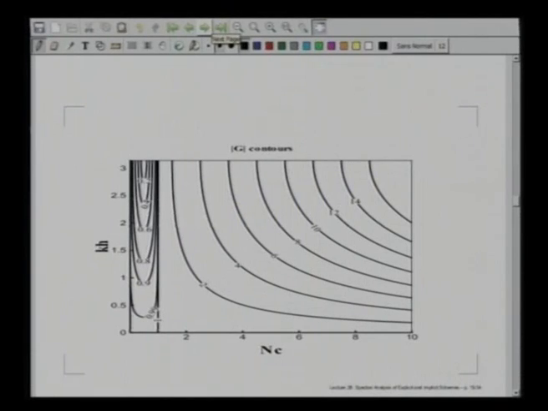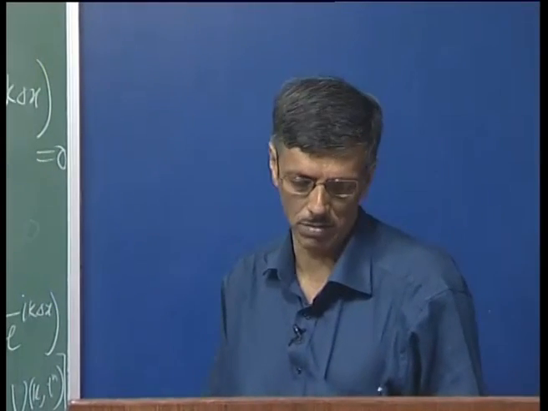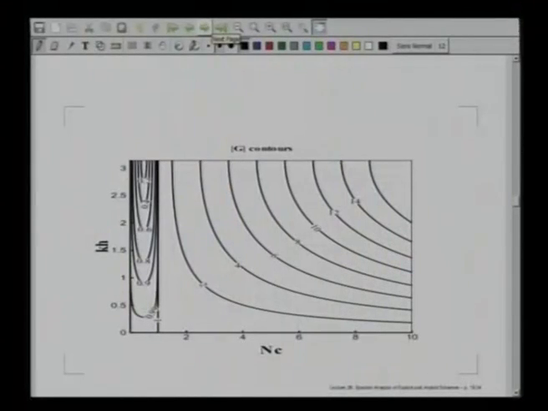And this plot is a very fascinating plot, because it says very clearly that you have a vertical line corresponding to n c equal to 1. To the right of that line, the method is unstable, everywhere G is greater than 1. So, there is absolutely no mystery here: if you are adopting this method, never try a value of n c greater than 1.